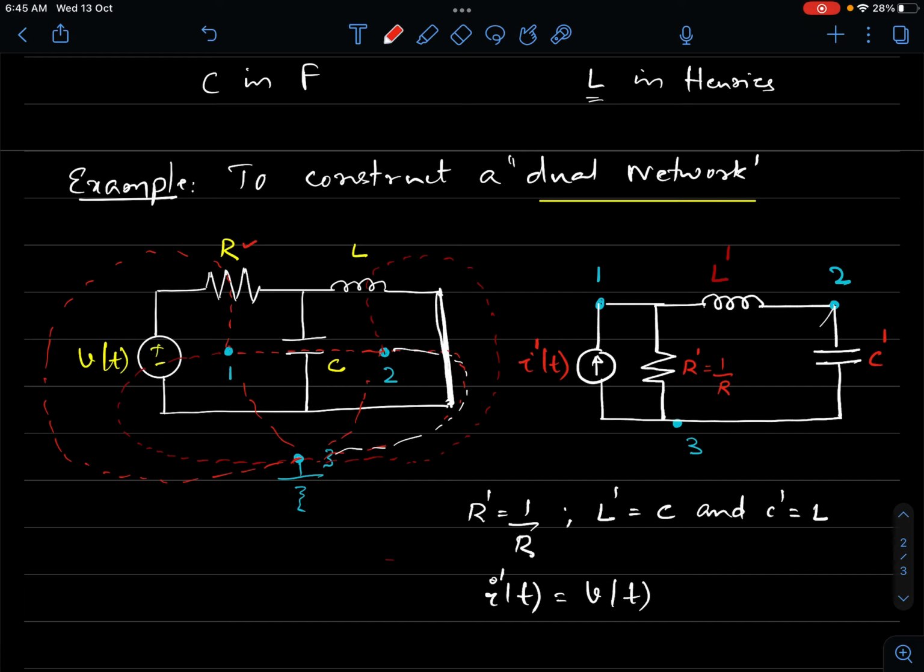Now if you write the integro-differential equations of the two networks, they look similar. This construction may be checked by writing the differential equations of these two networks, one on the loop basis and another on the nodal basis. You will see that they are similar.